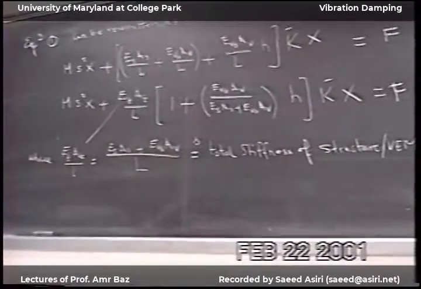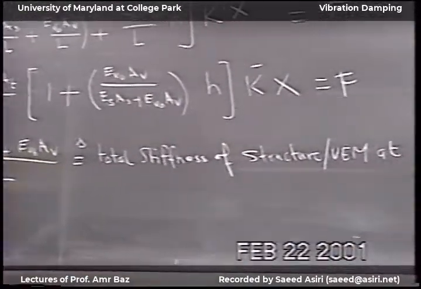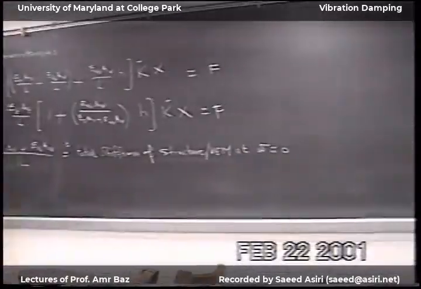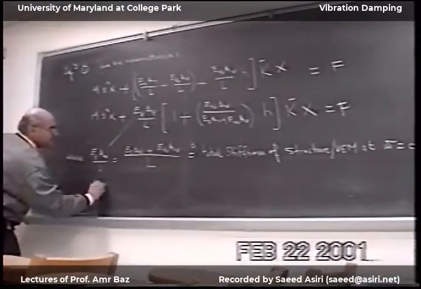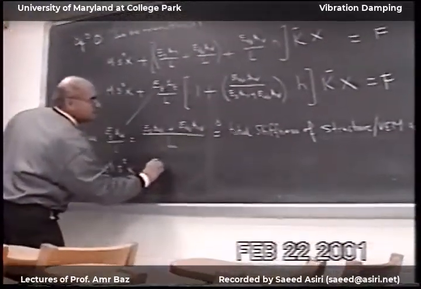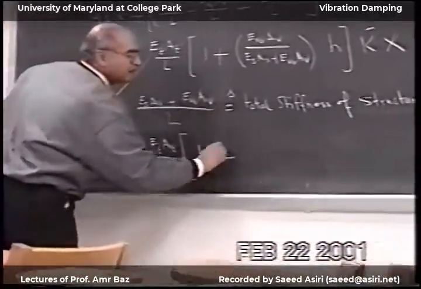And now I'm going to do one more step here. I can rewrite the same equation: m s squared x plus E total A total over L, and then this is 1.